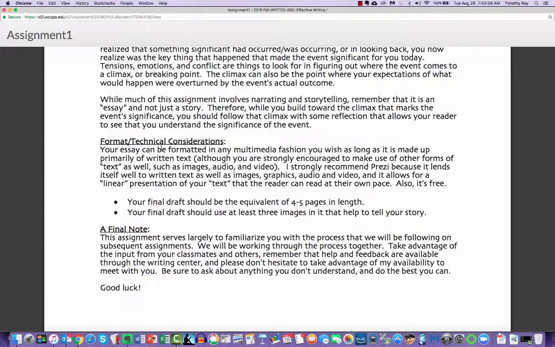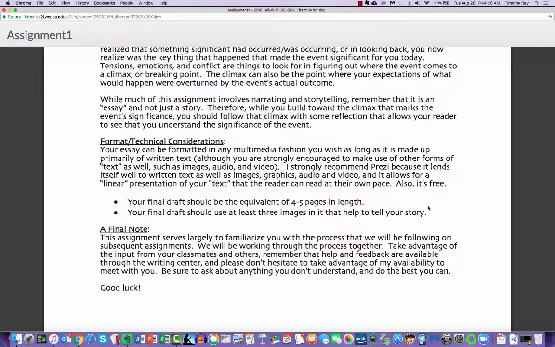Format, technical considerations. Final draft should be the equivalent of 4 to 5 pages in length, depending on what mode you use to compose your document. And there should be at least 3 images that help to tell your story.